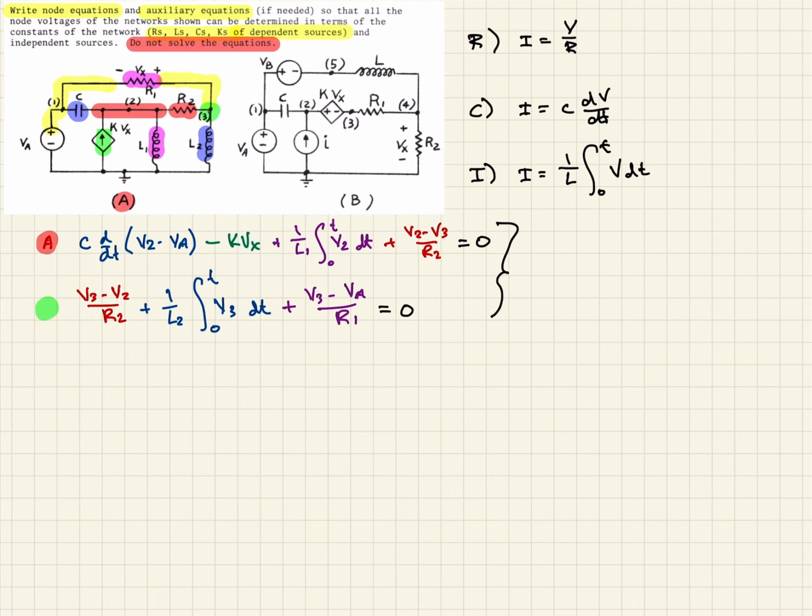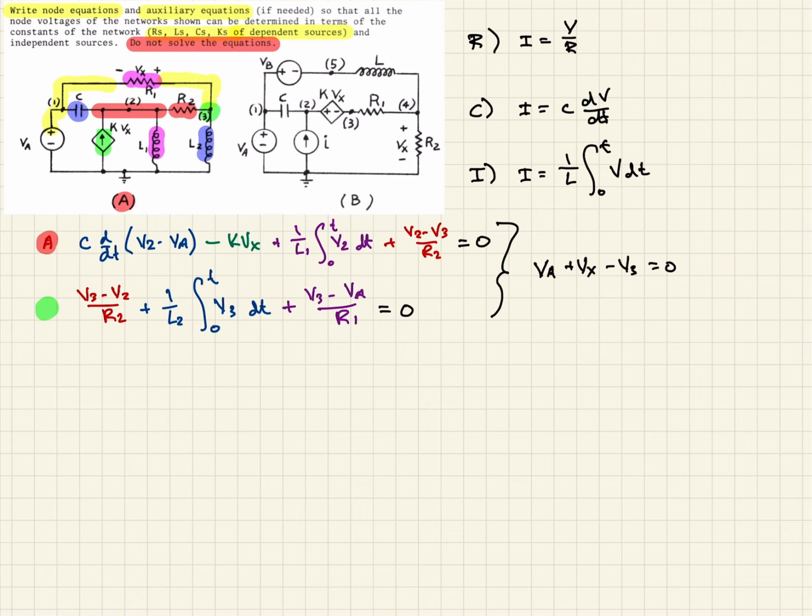We can sum those up, and what we would have then is VA plus Vx minus V3 should be equal to 0. Okay, so that's the A circuit.